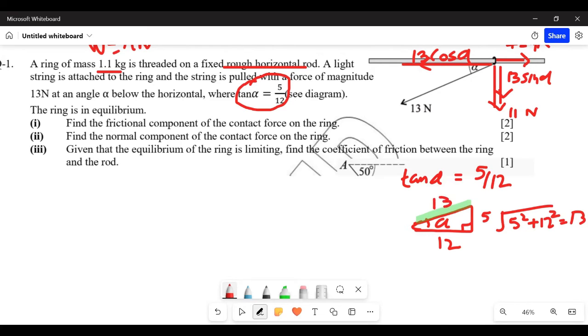This is going to be 13. So sine alpha would be opposite over hypotenuse, or some people say perpendicular over hypotenuse. And cos alpha is adjacent over hypotenuse, or base over hypotenuse.